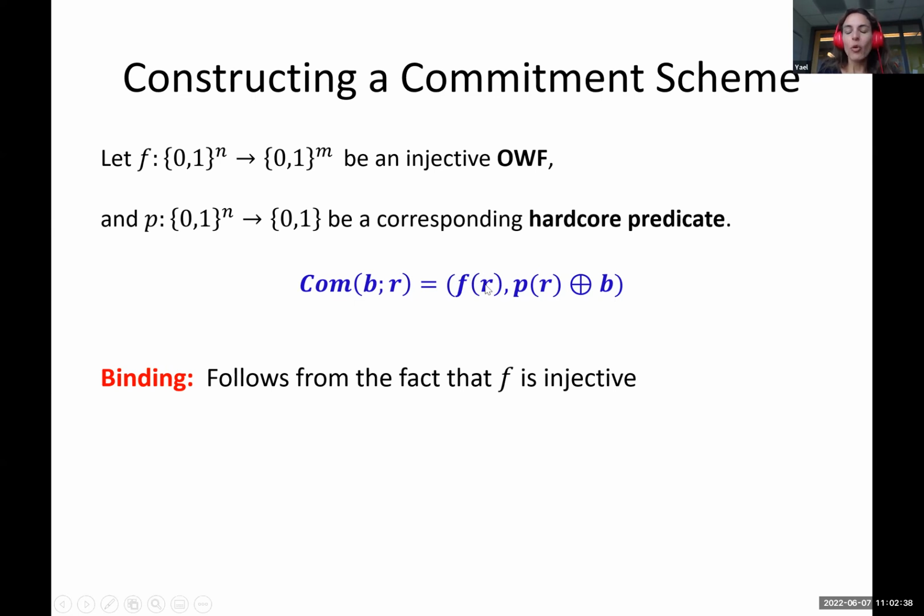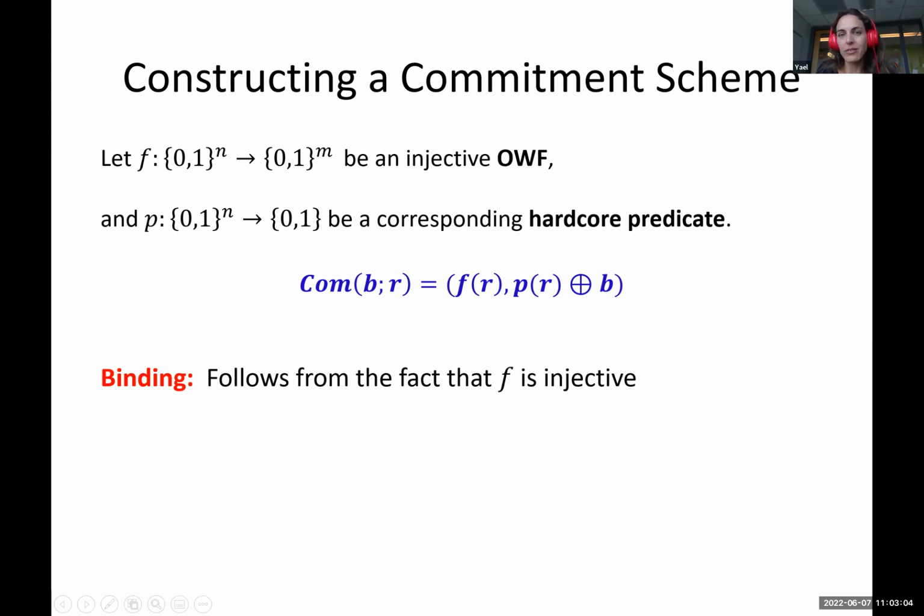In other words, f of R defines R, and once you have R, this R defines the predicate P of R, and hence B is defined. So you can only open in one way. You cannot open to B and R and B prime and R prime. Why? Because R and R prime must be equal, because they're both equal to f of R.